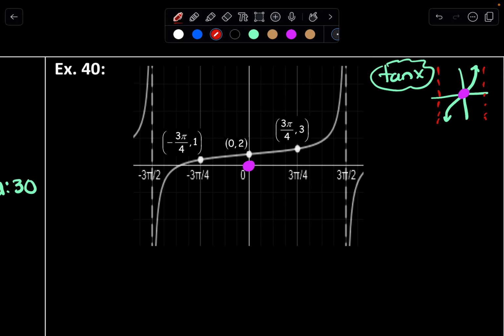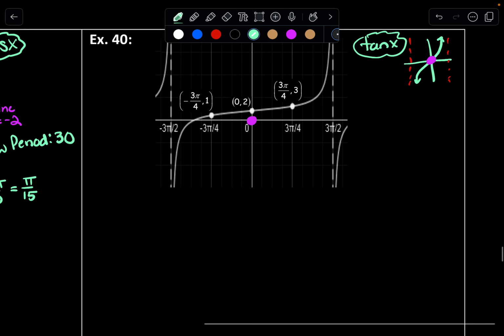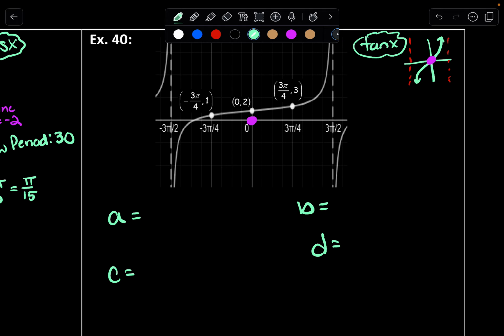All right, so we chose our parent function, and now from here to write our equation, we need our a, b, c, and d. So I'm going to go with our vertical shift and then our horizontal shift as well, because with that point of inflection for our parent function, it is 0, 0.